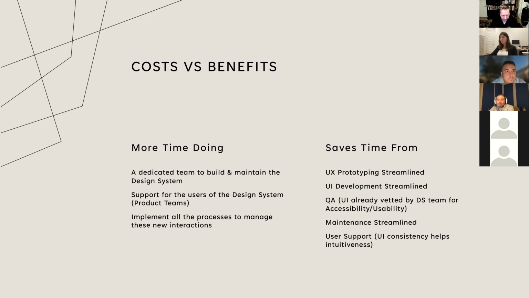And you wouldn't have to field as many usability support calls because the consistency helps intuitiveness for users. So ideally, you'd save a lot of time doing things that are usually time consuming for product teams. And realize that you've only got one team doing more and all of your product teams doing less. So it scales the more products that are implementing the design system.